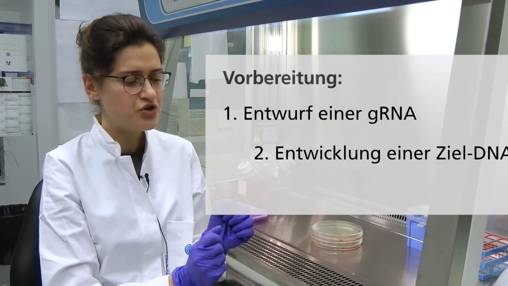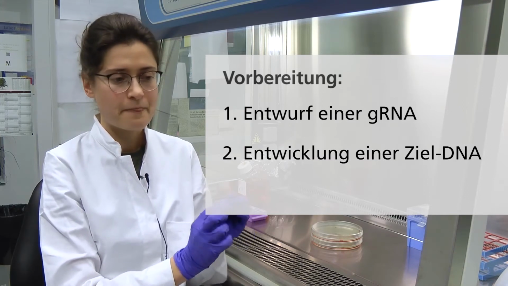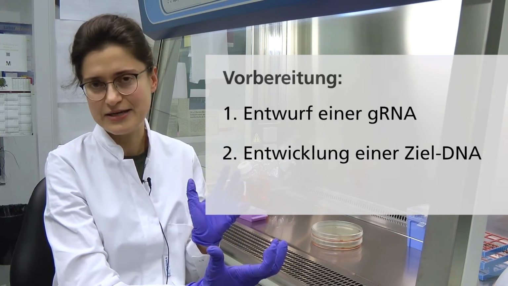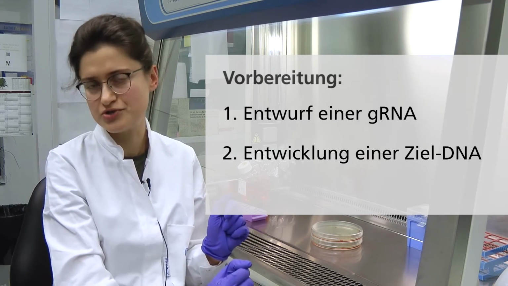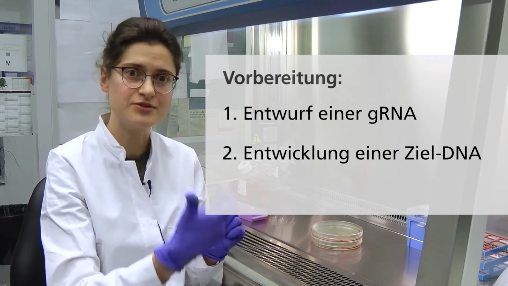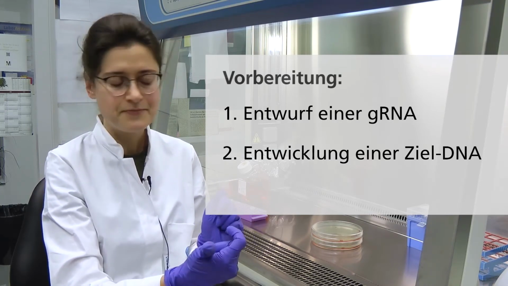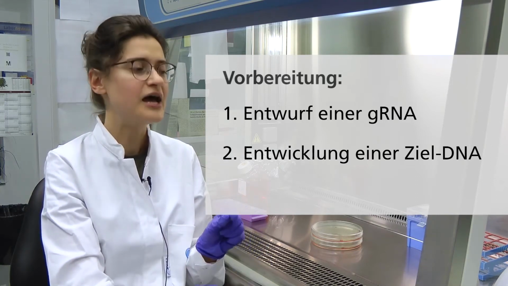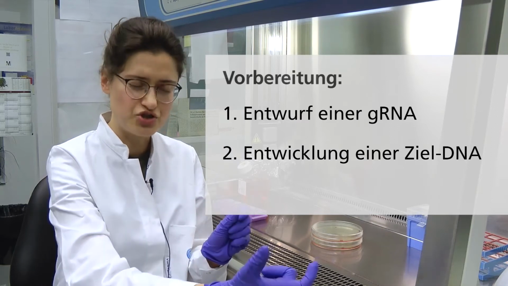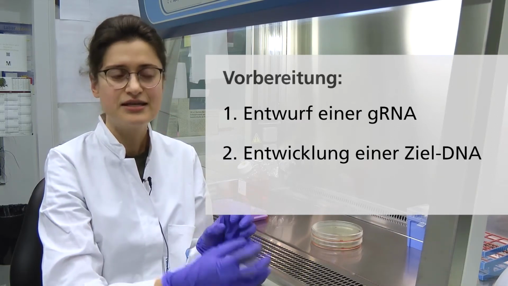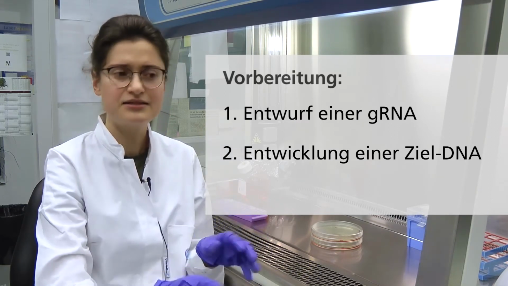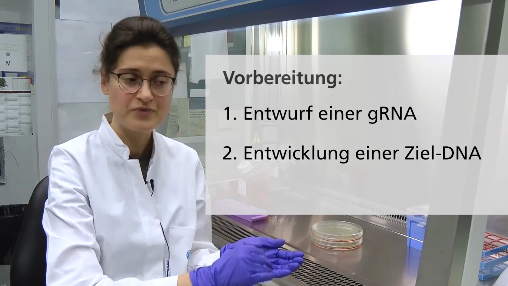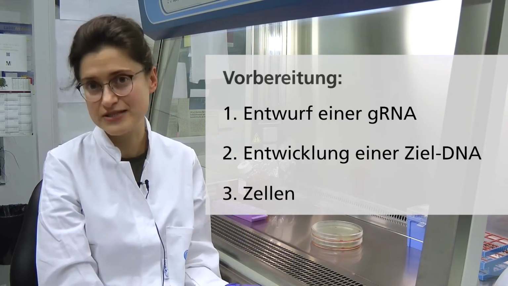Second thing, you have to develop a target DNA. So basically what you want to insert. In our case, that's a fluorescent protein, Amanita green. You have to develop a plasmid which will encode this gene, and then you can, using the gRNA, put it together, using Cas9, make a cut, and it will get integrated in the genome.